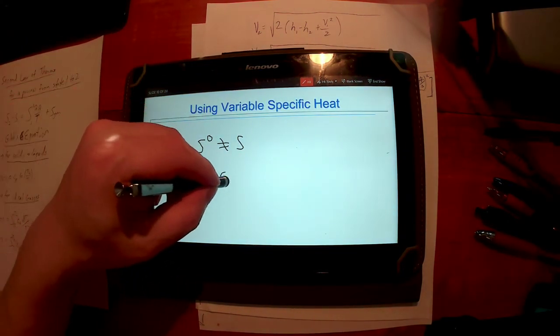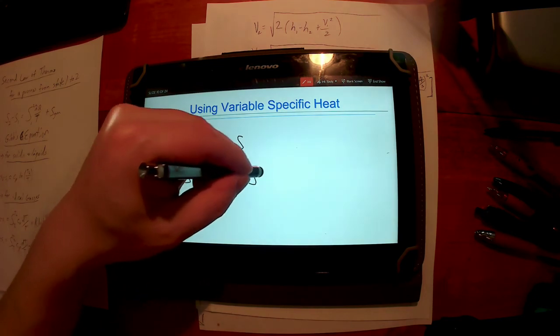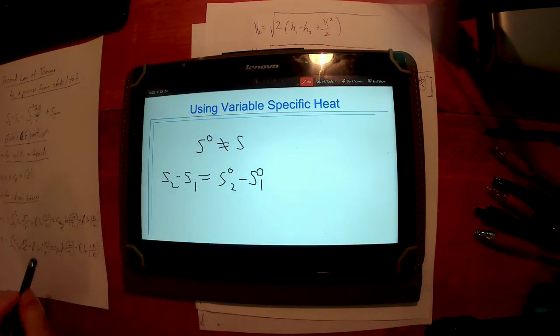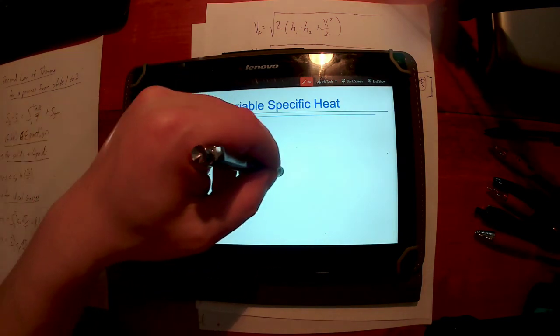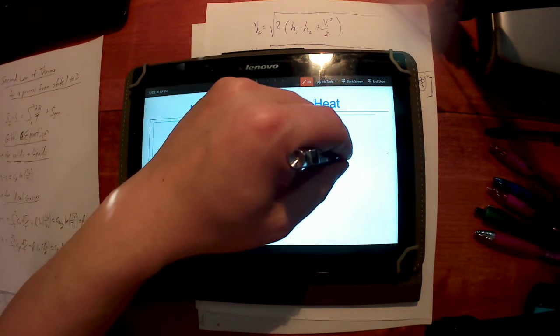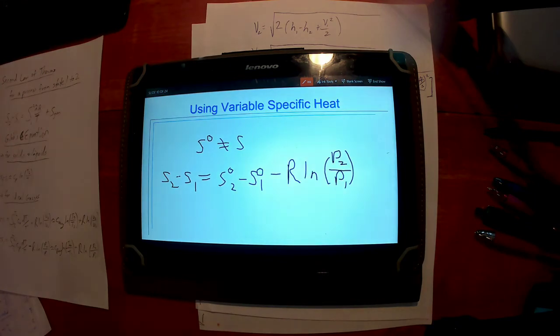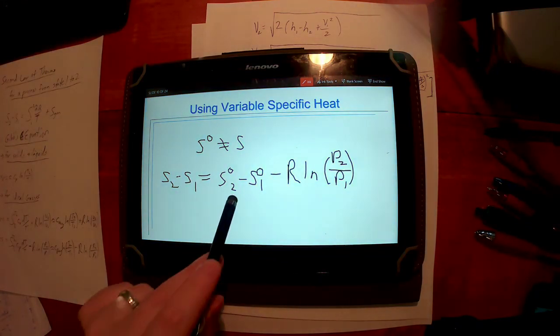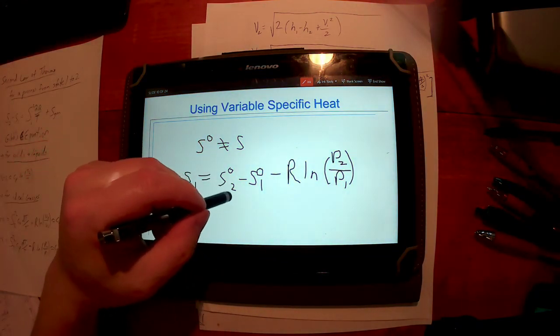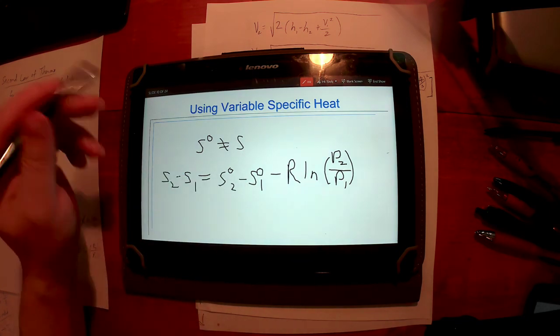I can say this is equal to s degree 2 minus s degree 1. I call it degree, you could call it circle, I don't know what you want to call it. Minus R ln P2 over P1. And these are table properties. I just need temperature, and I can go look up these table properties.